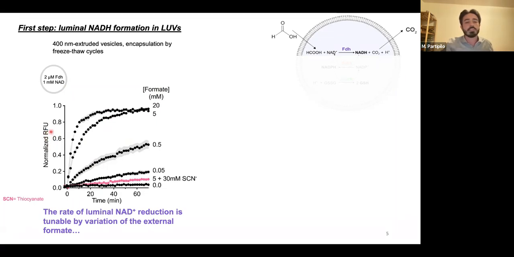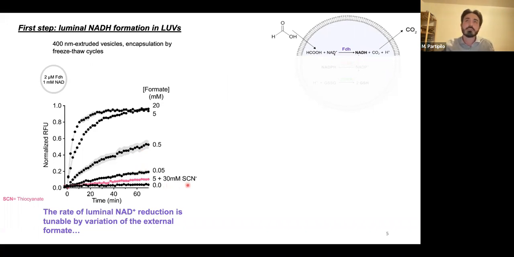And the reason why we're monitoring by fluorescence is that, as you probably know, NAD+ is not fluorescent at all, but the product of our reaction, NADH, is autofluorescent. So in here, the readout is basically the product NADH. The last thing that I want to show in this panel is that we also managed to use an external inhibitor called thiocyanate.